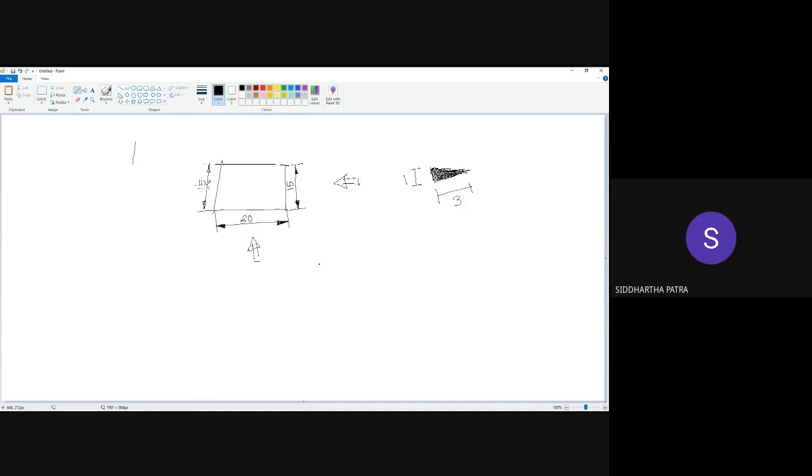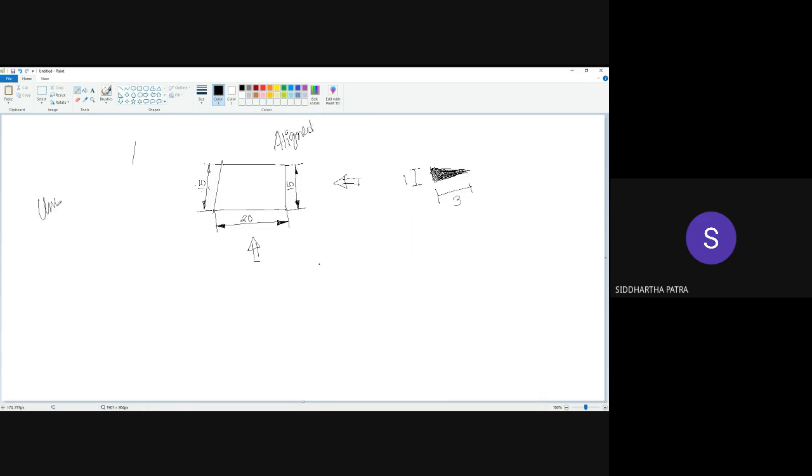That's about your aligned dimensioning. Why do we say aligned? If it is a horizontal dimension, the text is horizontal. If it is a vertical dimension, the text is vertical. That's what is meant by aligned dimensioning.